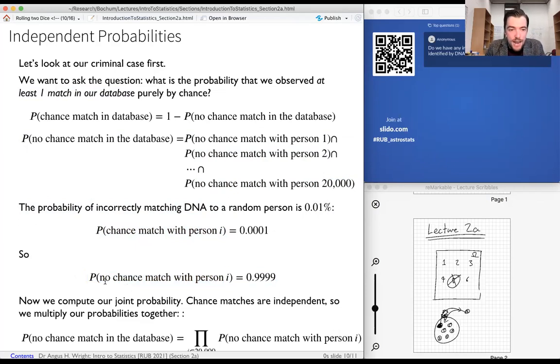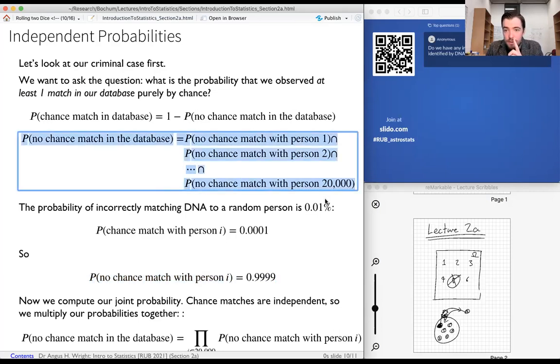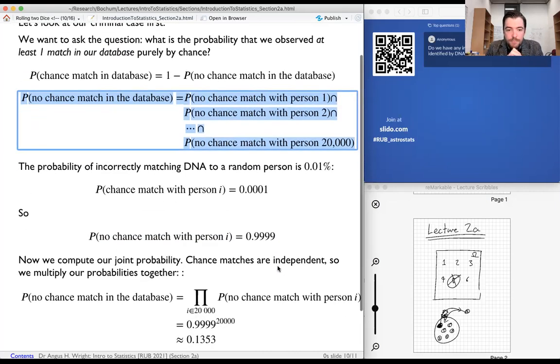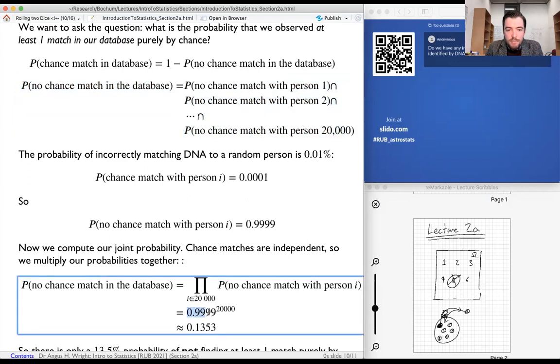So I take the probability that I don't match by chance with person number i, and I put this value into my probability calculation. I take the number 0.9999 and multiply it by itself for the first person in the database, the second, the third, the fourth, the fifth, all the way through to the 200,000th person in the database.